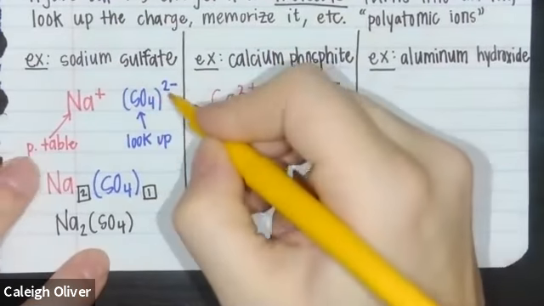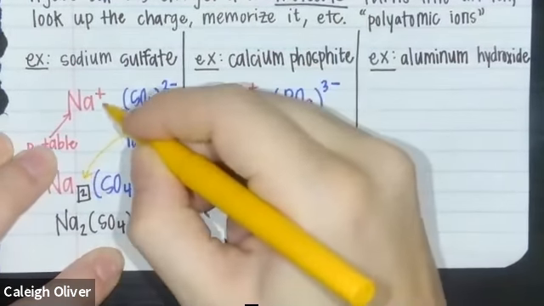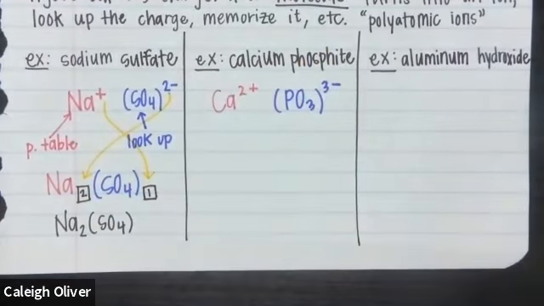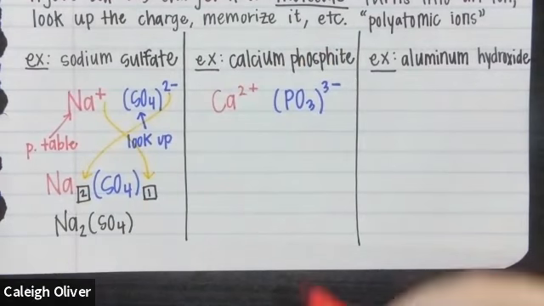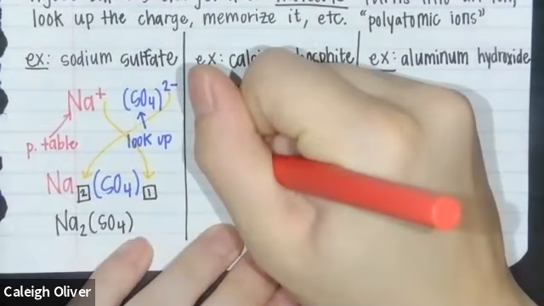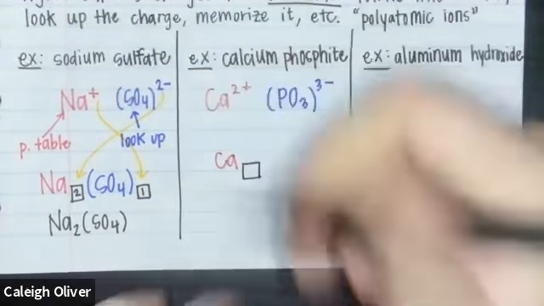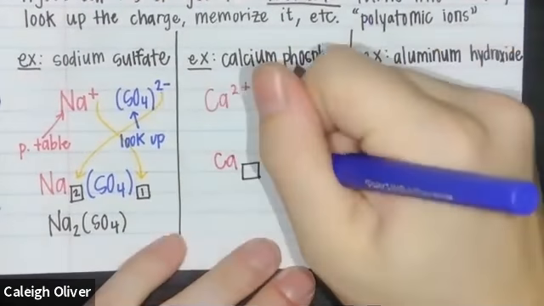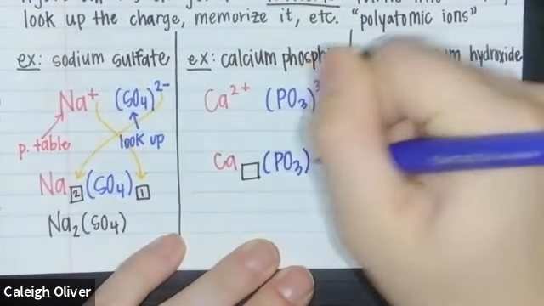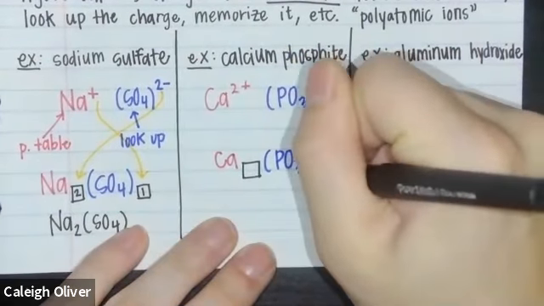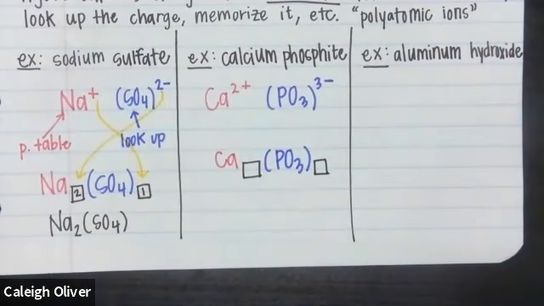In most cases, it really is as simple as just moving the numbers from one side to the other here. Most of the time it works. So calcium, phosphite, 2 and 3 can go into 6.